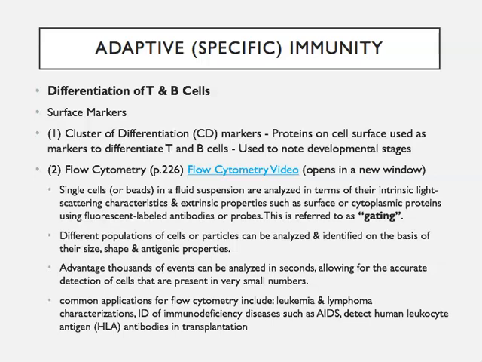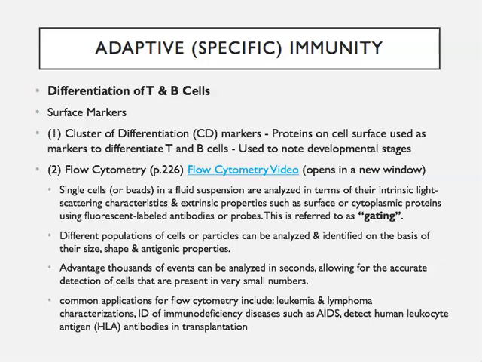You can see there's also a link to a video here. Flow cytometry is a system in which single cells or beads in a fluid suspension get passed through a laser light one at a time. Each time a cell passes in front of that laser beam, light gets scattered, and the interruption of that laser signal gets recorded.